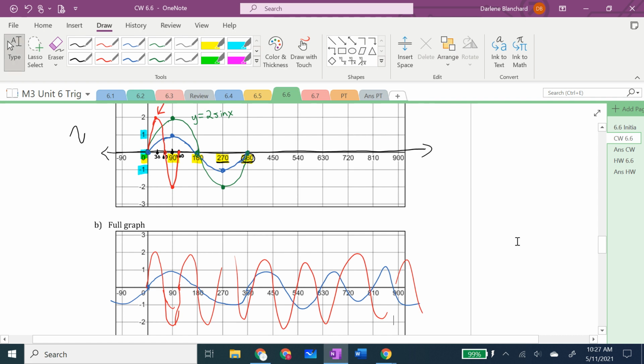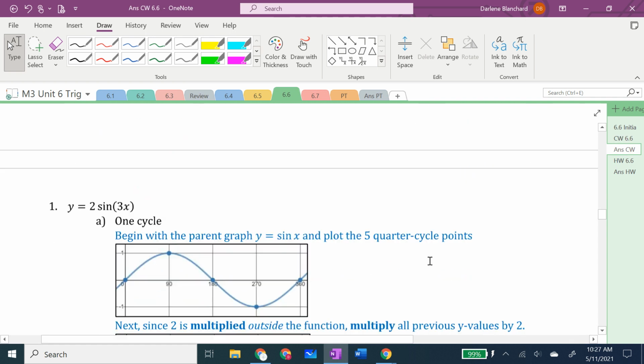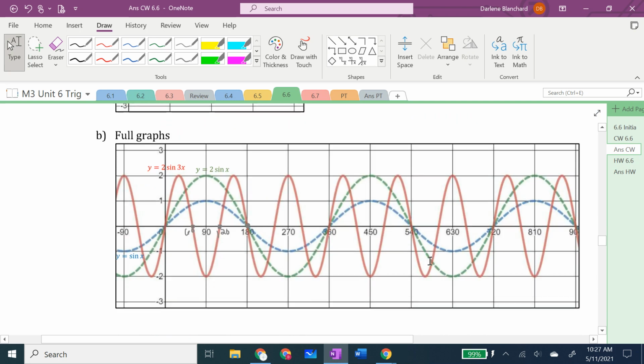Then when you see the answers, I'm going to show you what it officially looks like from a computer. You aren't going to draw this. You're going to just do a scribble of it. But I want you to take a really good look at the full graphs.